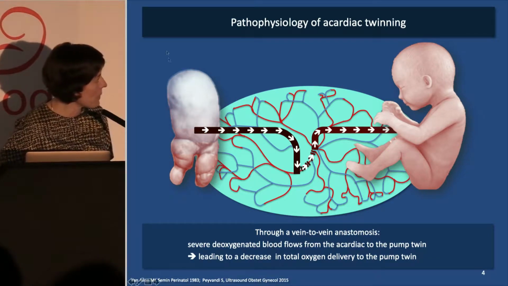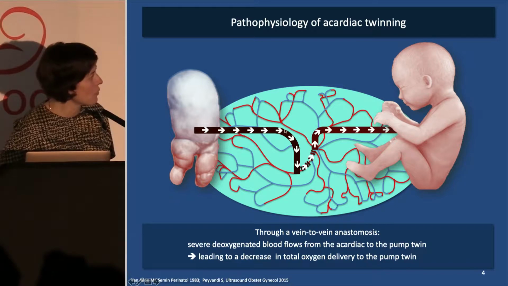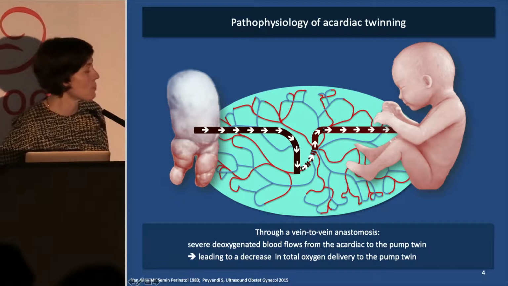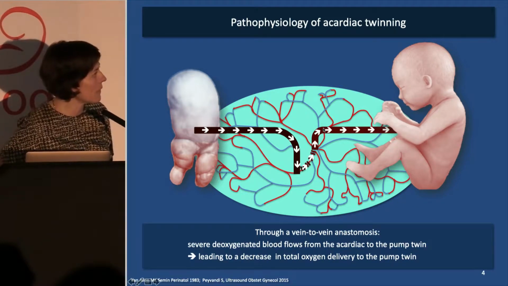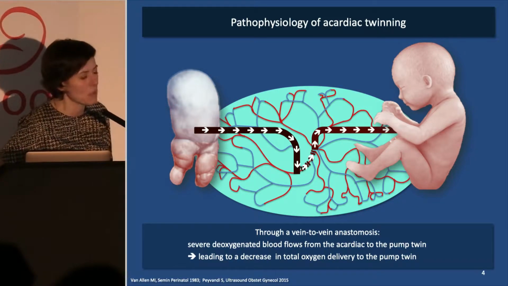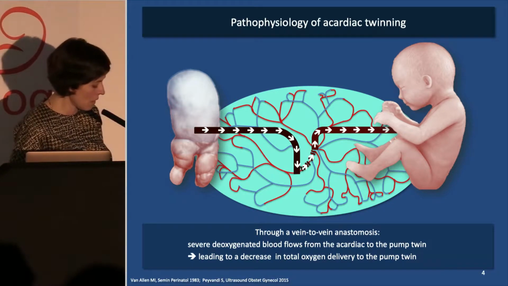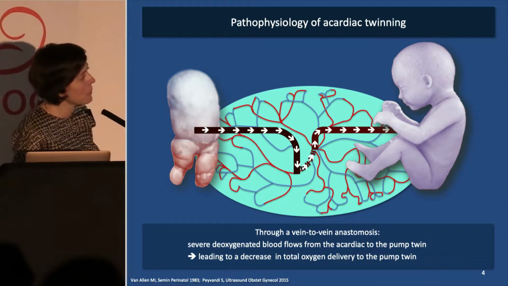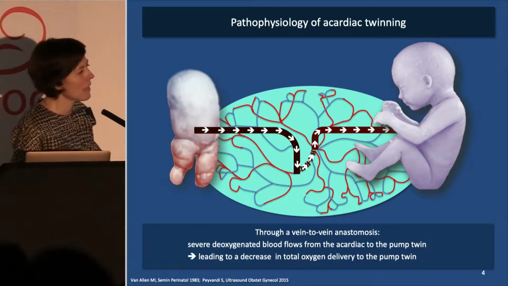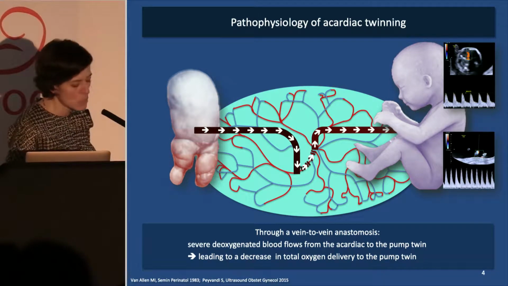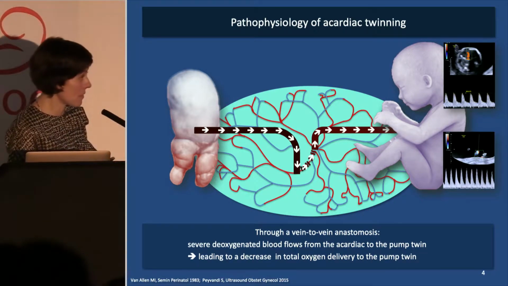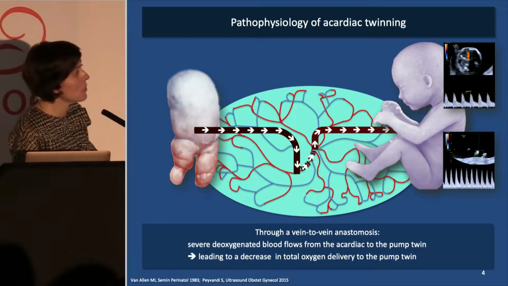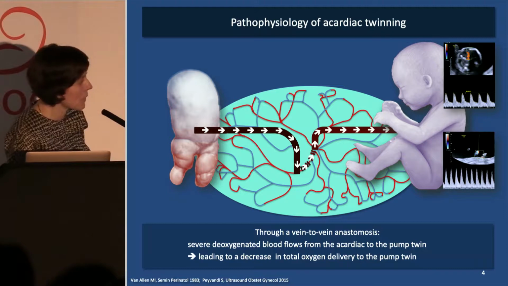Now, this is a problem, but additionally, because oxygen is extracted into the tissue of the demised co-twin, very deoxygenated blood will travel back towards the pump twin through a vein-to-vein anastomosis. The vein is supposed to carry oxygen-rich blood, and the admixture of this very deoxygenated blood will cause a decrease in total oxygen delivery towards the pump twin. A recent publication has shown that, because of this decrease in total oxygen delivery, the pump twin will show signs of brain sparing.